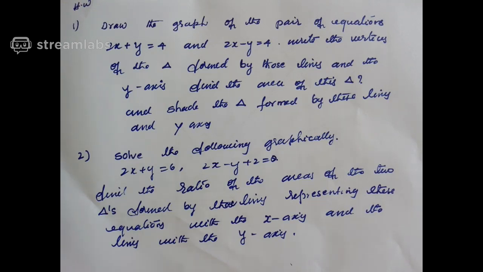These two lines intersect the x-axis and y-axis at 2 points so that you will get two triangles. So find the area of those two triangles and find the ratio of areas. This is the question.